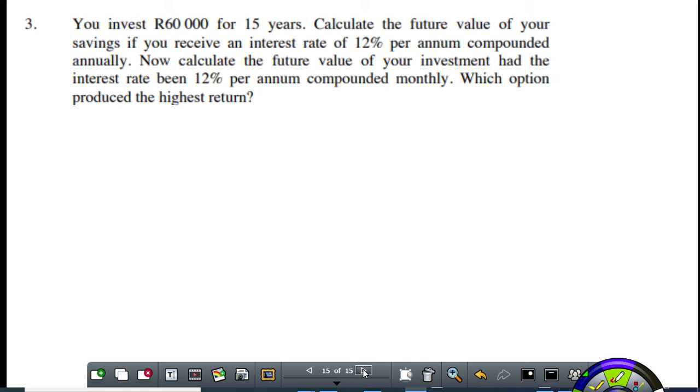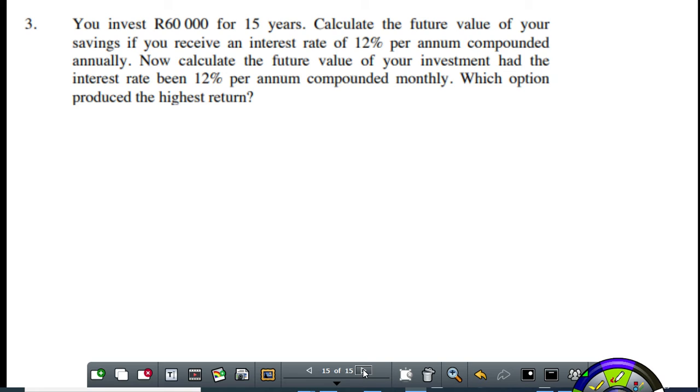Now calculate the future value of your investment at the interest rate being 12% per annum compounded monthly. Which option produces the highest return?